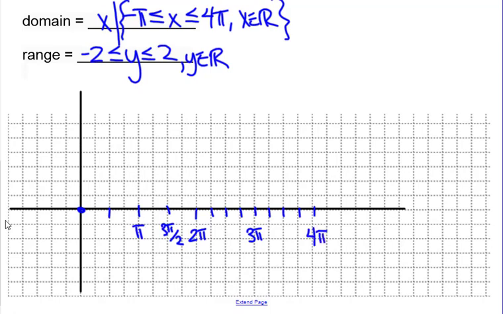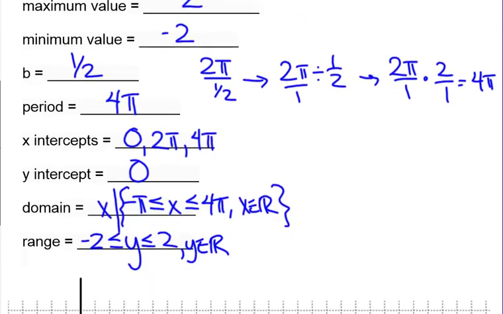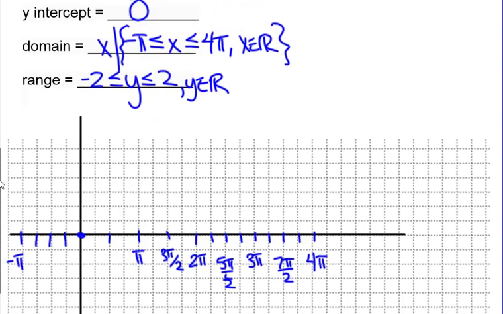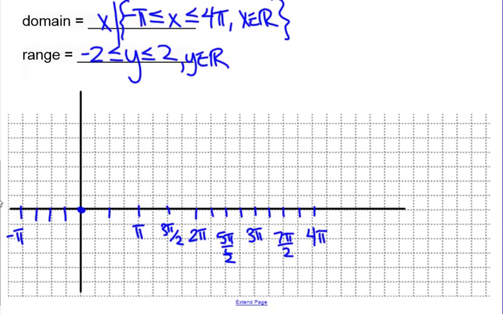So 3, 4, 5 pi over 2, 6 pi over 2, and 7 pi over 2, and then we have 8 pi over 2. And we have to go back to negative pi. So we're doing intervals of 4. So again, your table of values might be a good idea to use. This is going to be pi over 2 right here.